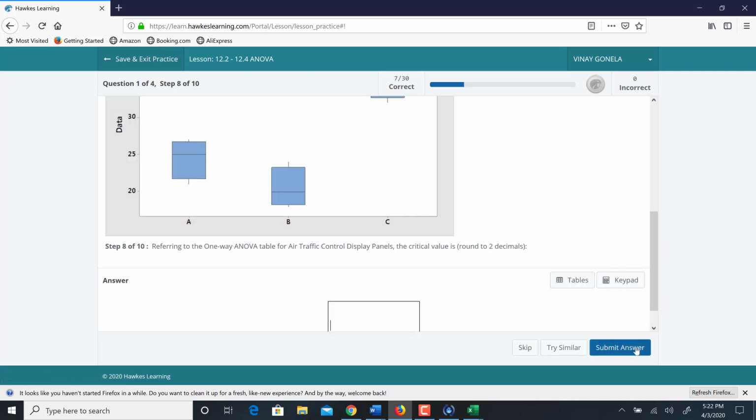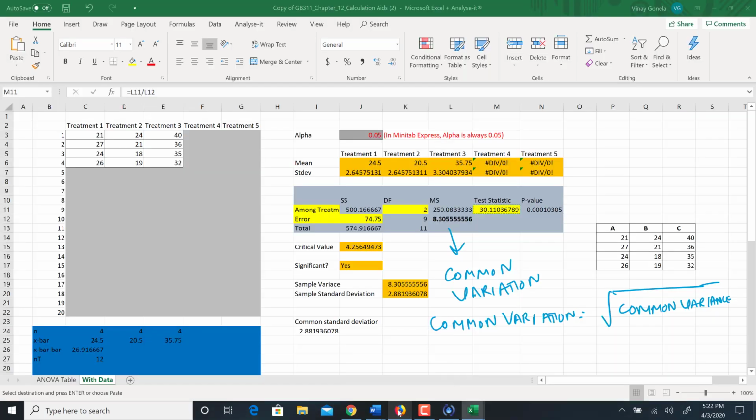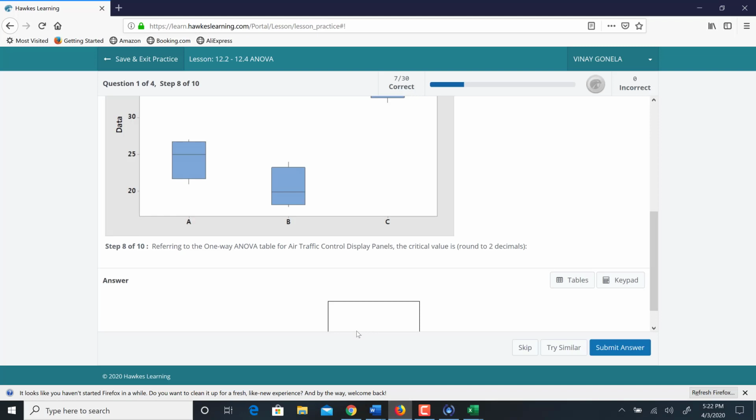And then what is the critical value? The critical value, if you go and see, this is our critical value, 4.256. So I will put that value there.